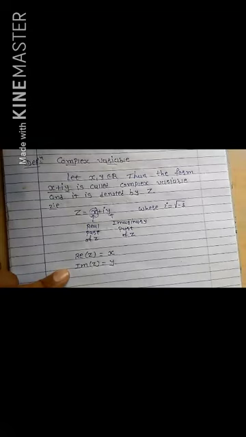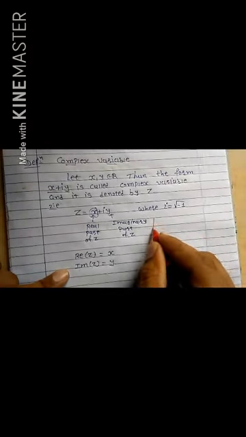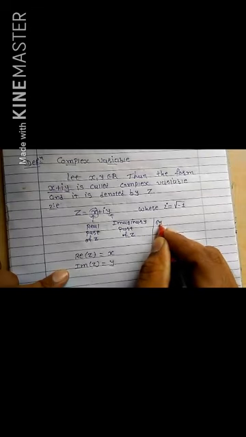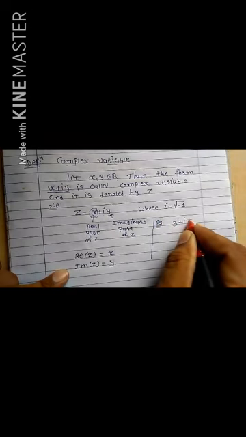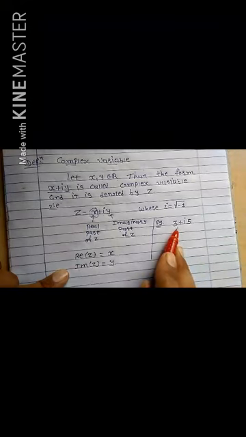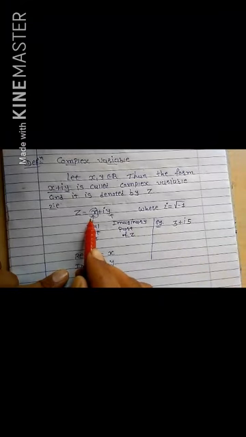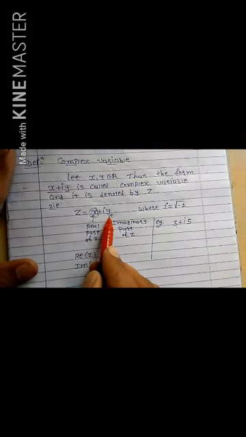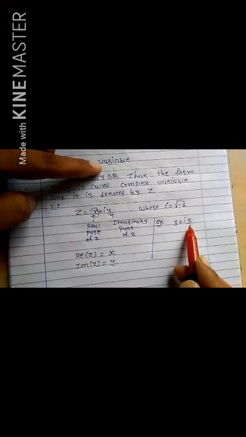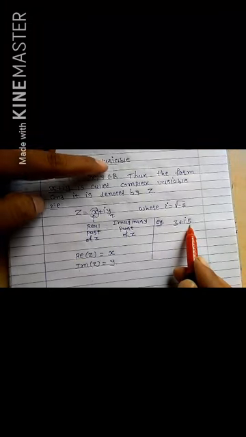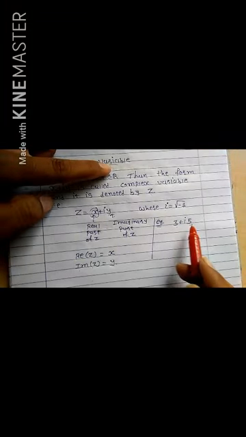Do you understand? For example, 3 plus i5. This is a complex number. This is a complex variable because here x and y are not fixed. Here x is 3, y is 5. 3 and 5 are real numbers.